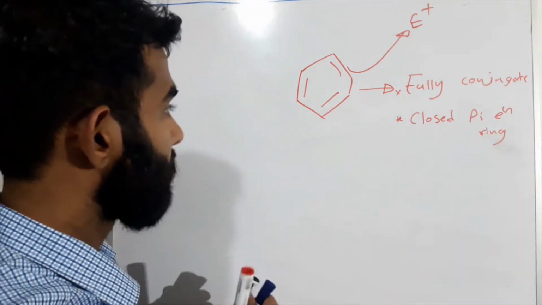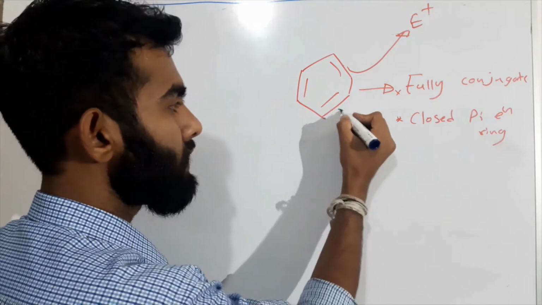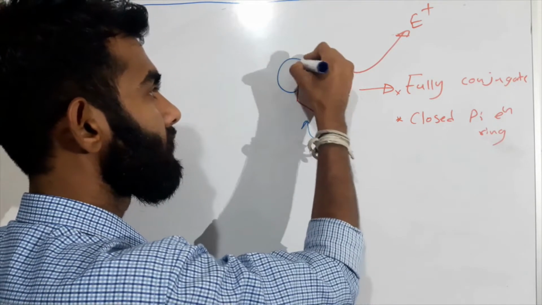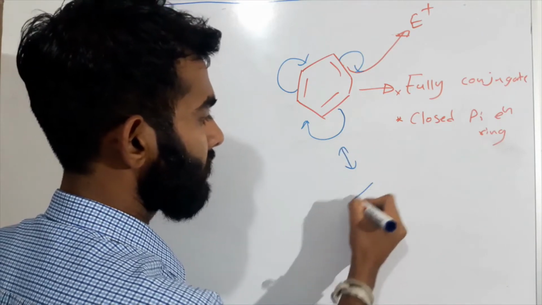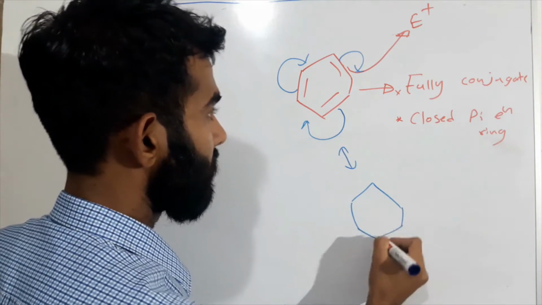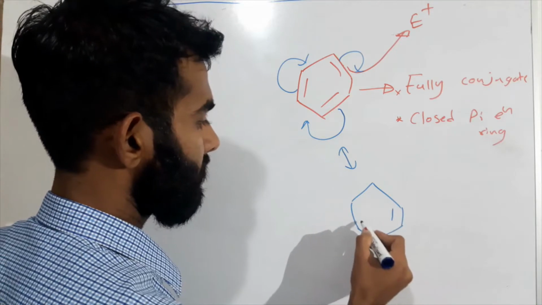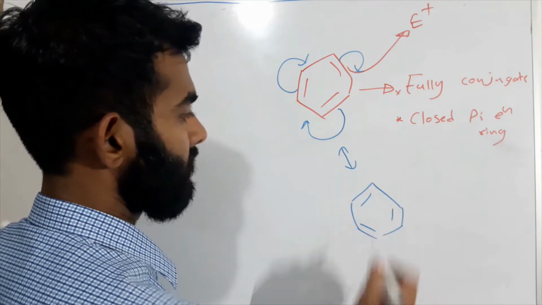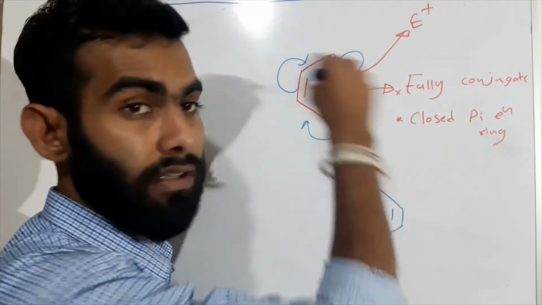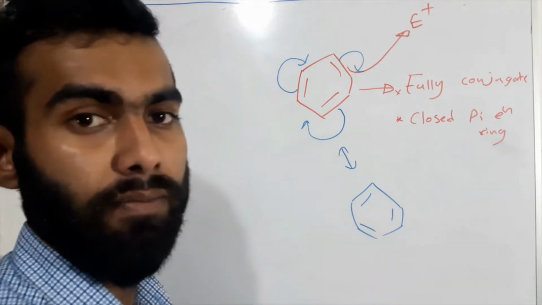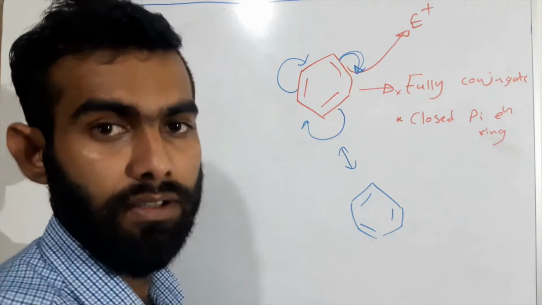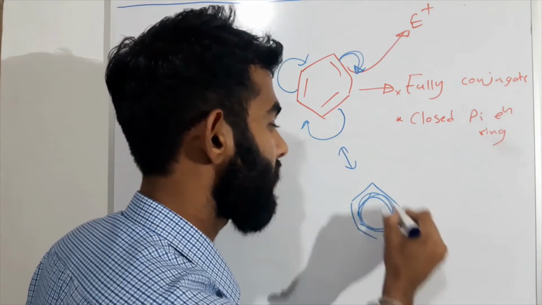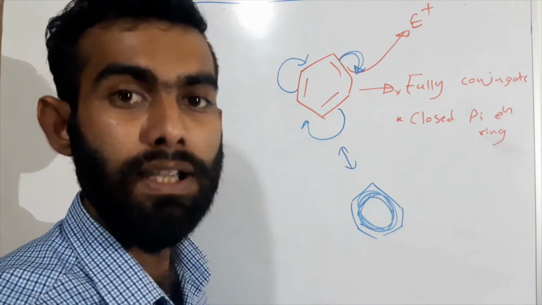If these pi bonds are conjugated like this, it will produce its other resonance structure like this. Likewise, it will continuously move cyclically. So it will form a ring structure of pi electrons.